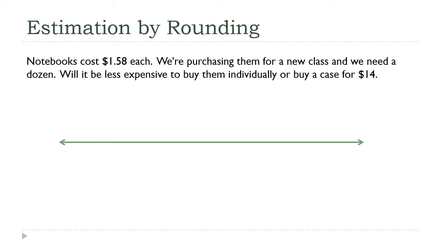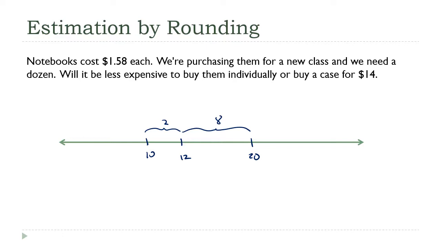Well, 12 is 8 units from 20, but just 2 units from 10. So I'm going to go with the closer value and round it down to 10. This is the reasoning behind the rule you learned all the way back in elementary school: round down if the preceding digit is less than 5, or up if it isn't.